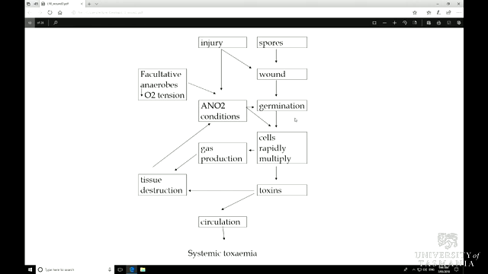Now it may be from the soil, because C. perfringens is common in the soil. It may be from your bowel, but somewhere the spores must be there. The injury itself causes tissue damage and makes the tissue become slightly anaerobic. And then we have other bacteria there that are facultative, that grow and make the wound even more anaerobic.